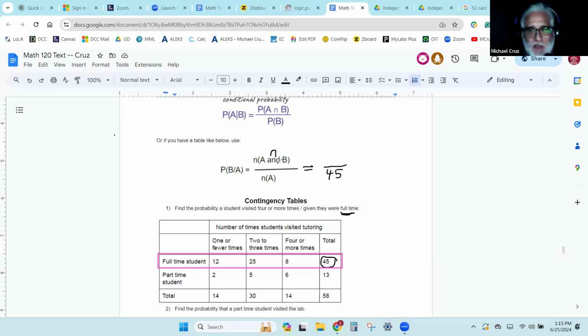The intersection just means where the two cross, where full time and 4 or more cross. And then here is where they cross. Denominator is whatever the total of whatever follows the given term, the condition. And the numerator is the intersection between 4 or more and full time.